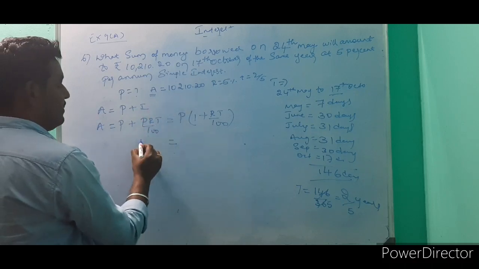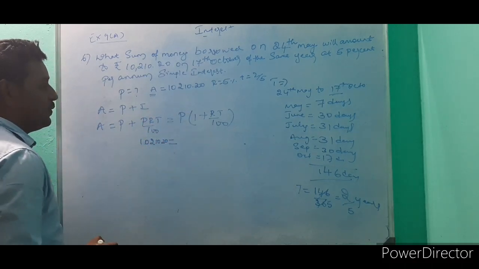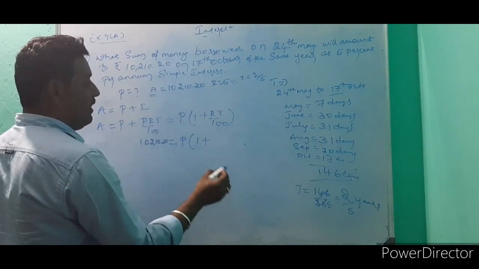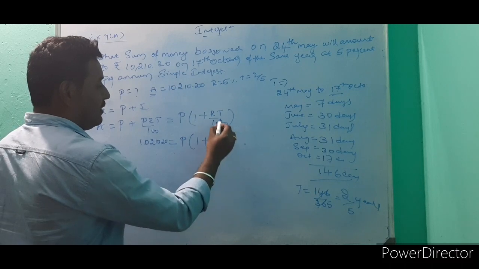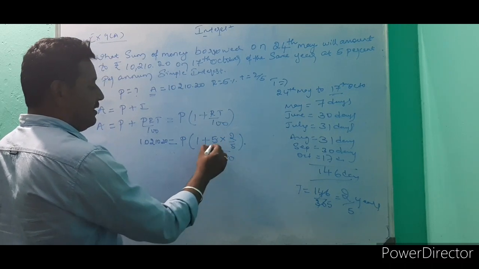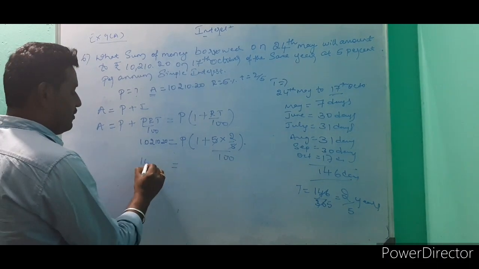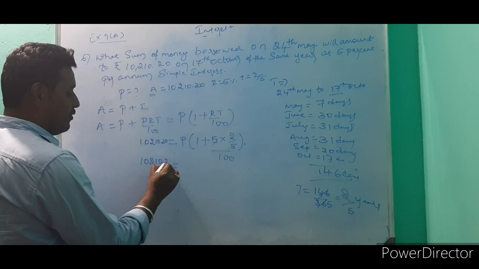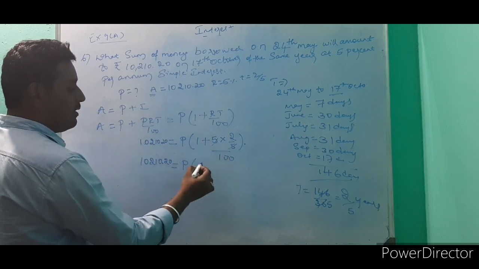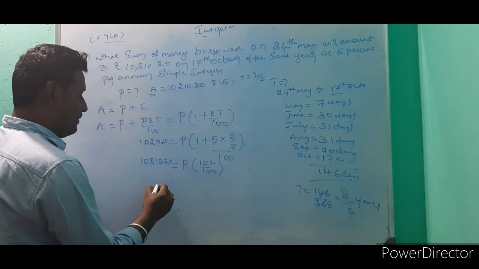Amount value is 10,210.2. P value we want to find out, keep as it is. R value is 5, T value is 2 by 5, divided by 100. Here 5 gets cancelled. So that is 10,210.20 equals P times, 100 into 1, 100 plus 2, 102 divided by 100.